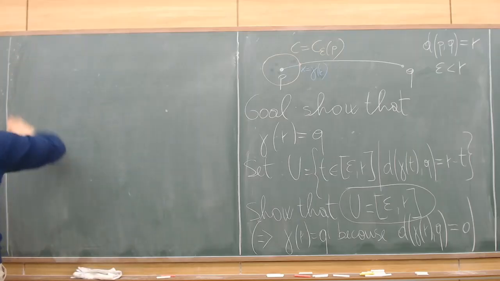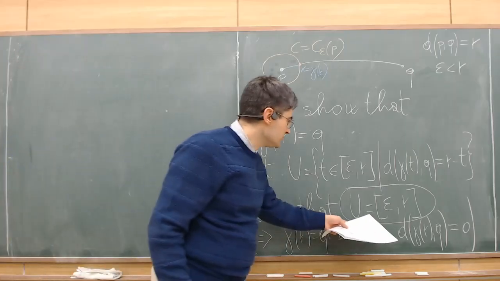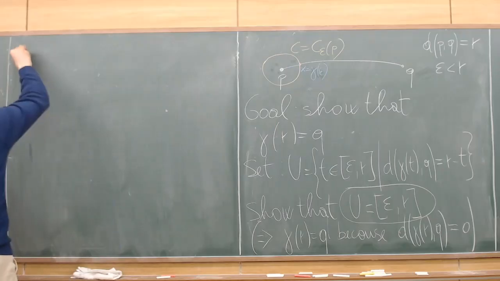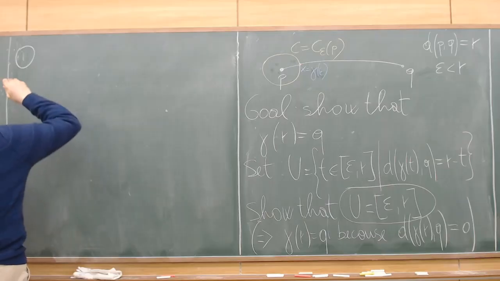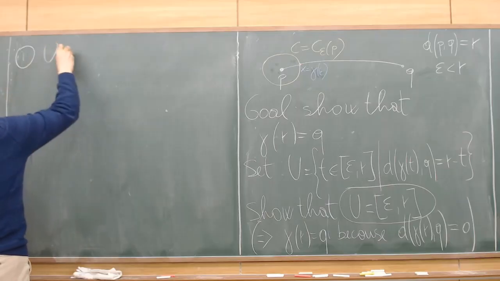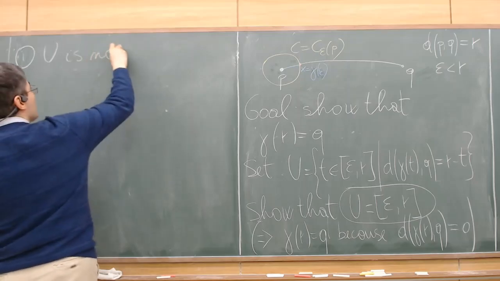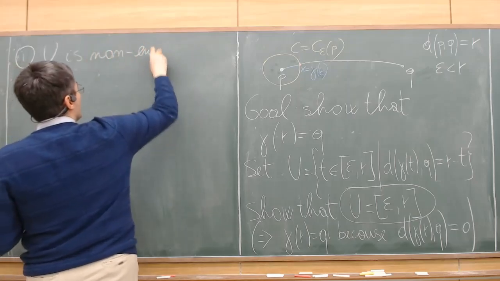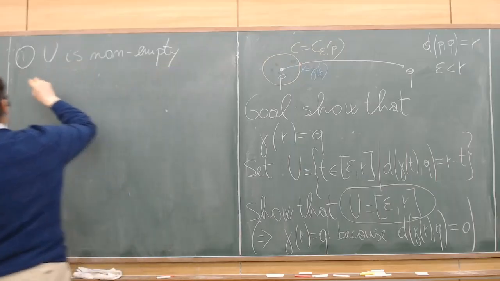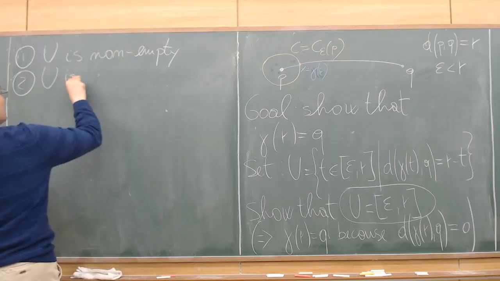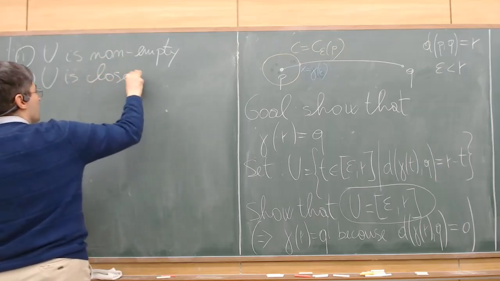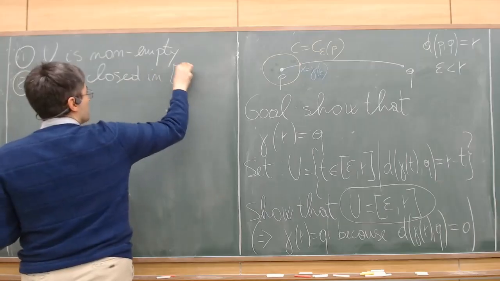Okay, in order to prove that this is true, we have to show three things. One, U is non-empty. Two, U is closed in [epsilon, r].